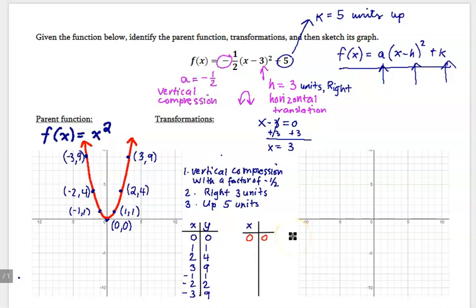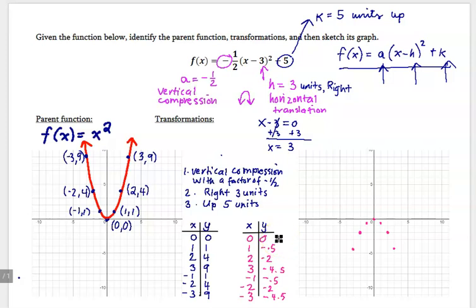So to do the transformation, first we vertically stretch our points by a factor of -1/2. That means the distance away from x is multiplied by -1/2. So multiplying all my y values from my original function by -1/2 will give me this new set of points.